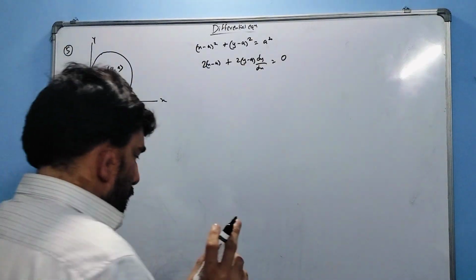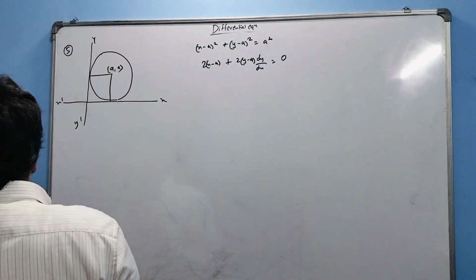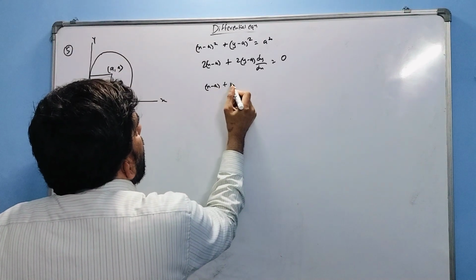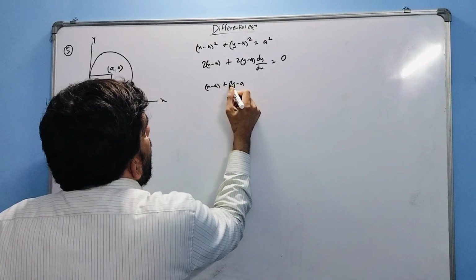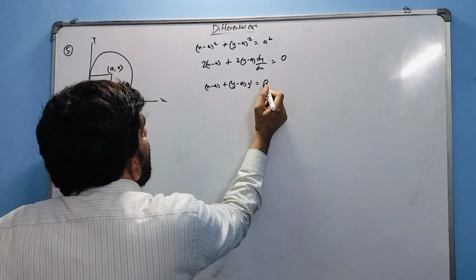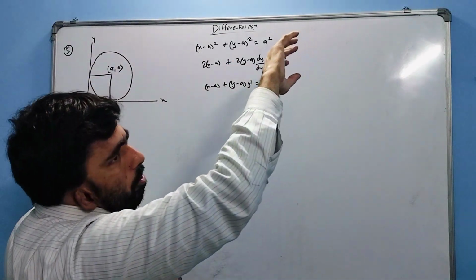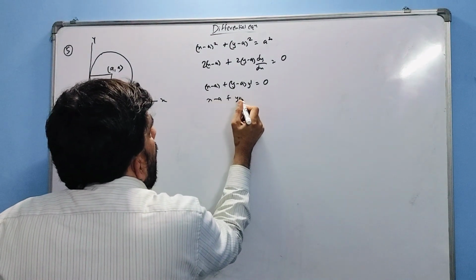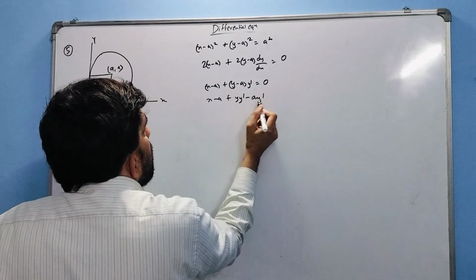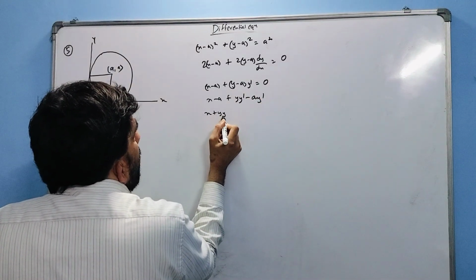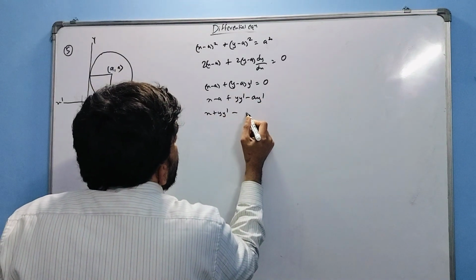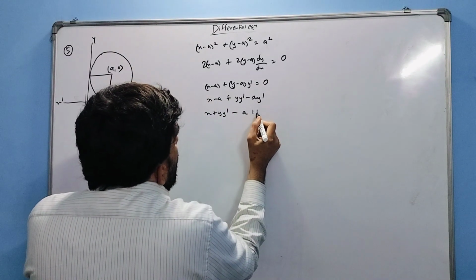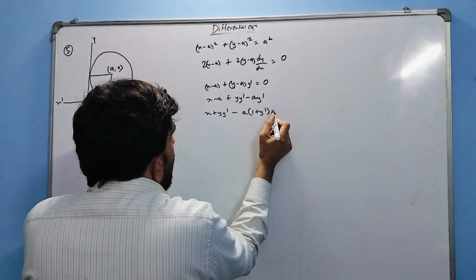Now let us try to solve this further. I get x minus a plus y minus a into y dash is equal to 0. We have taken 2 common and taken it to the RHS. So now I have x plus y dash minus a, taking a common, 1 plus y dash, is equal to 0.